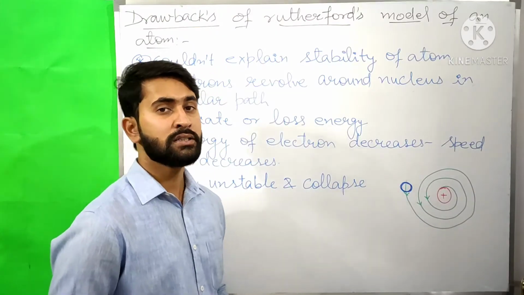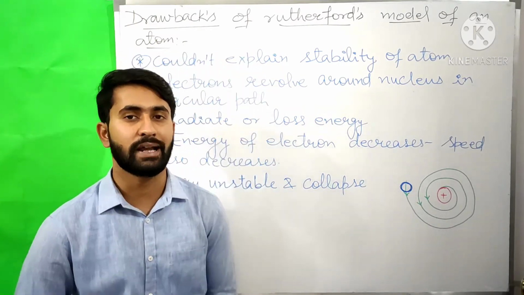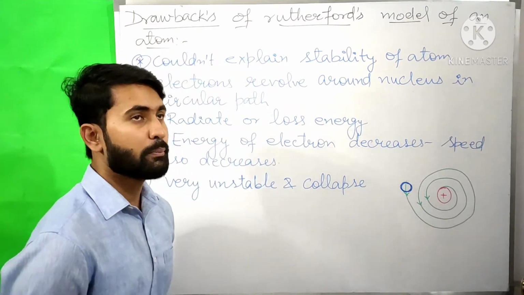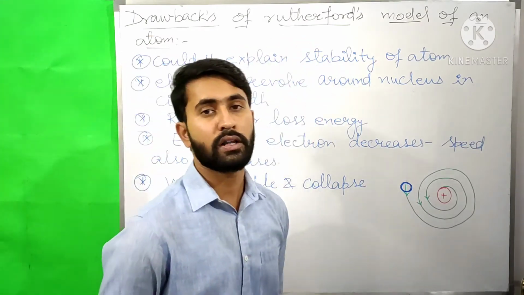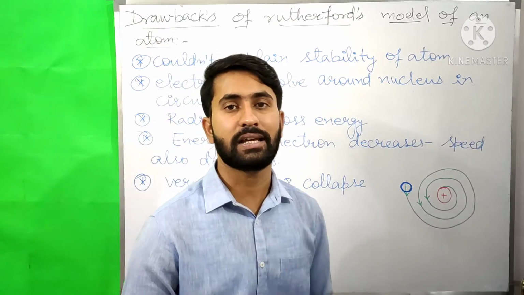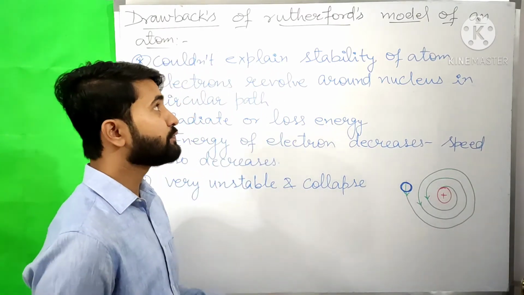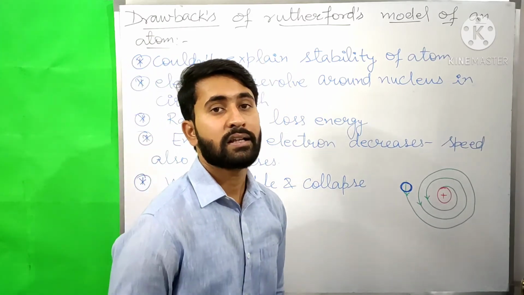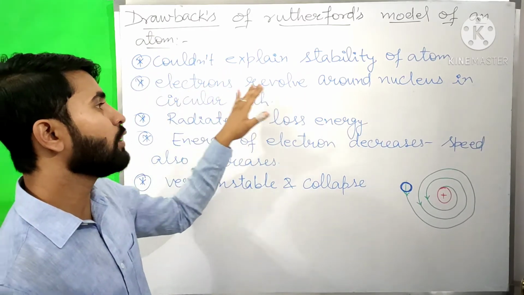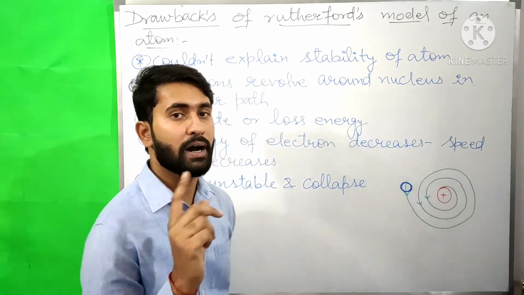Now we will learn the drawbacks of Rutherford's model of an atom. A major drawback of Rutherford's model was that it could not explain the stability of an atom. In his model, Rutherford stated that the electrons revolve around the nucleus in circular paths.